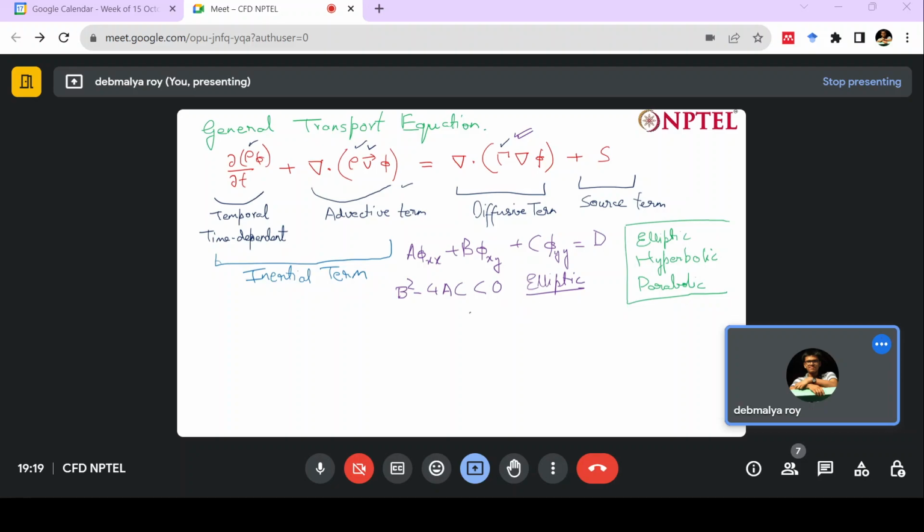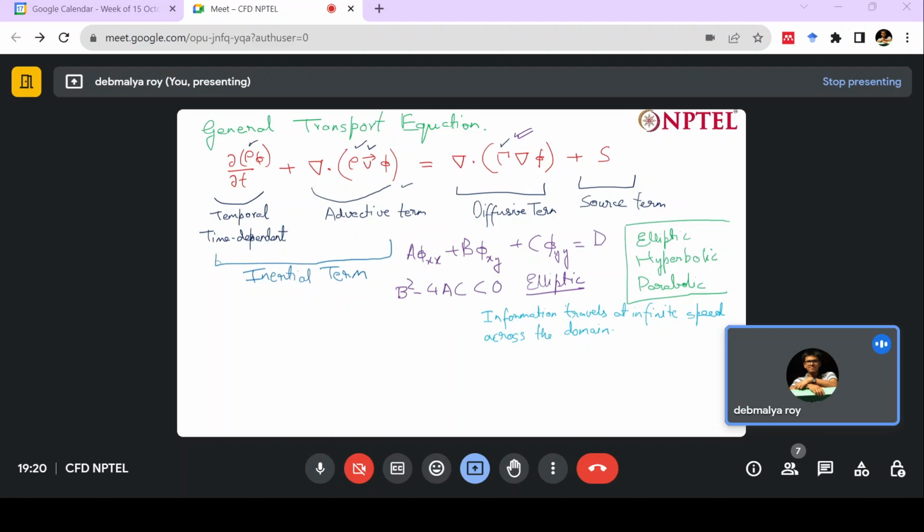So the property that we have is that information travels at infinite speed across the domain. There were no boundaries where information couldn't be transported.